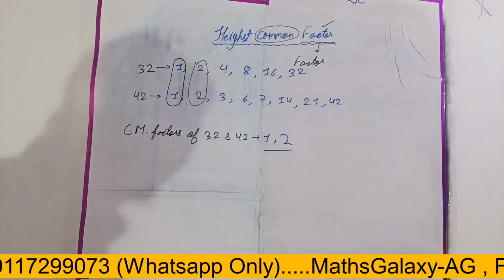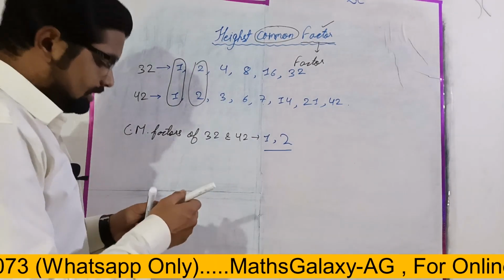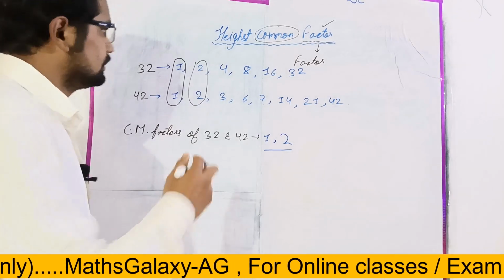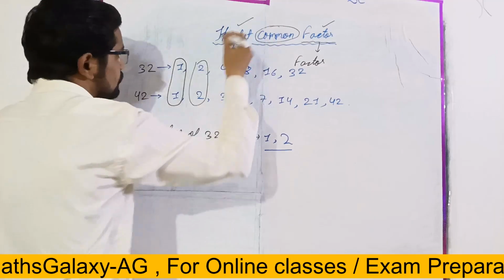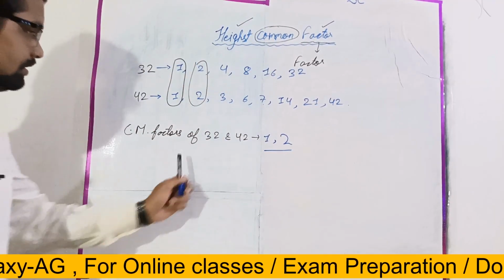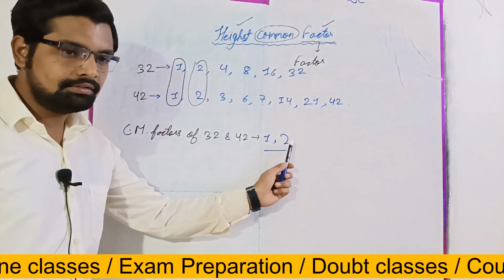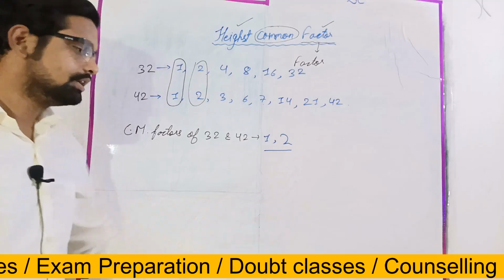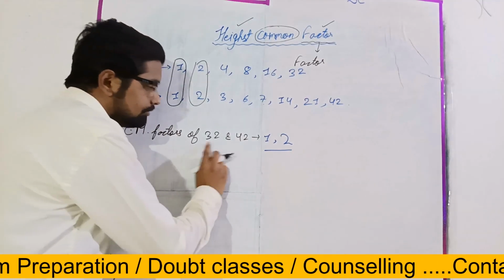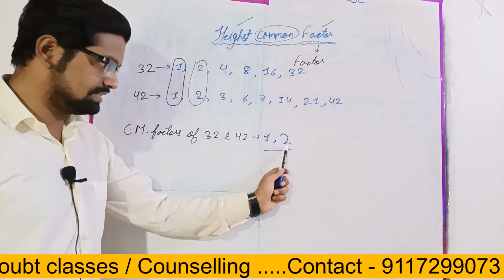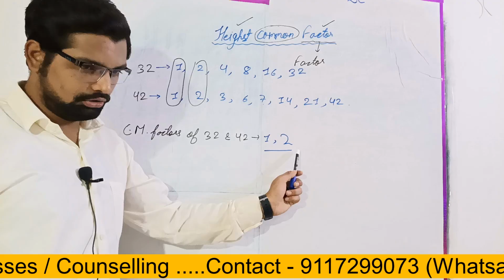Is it clear? Now let's see the third word. The third word is highest. It means we have to check the number which is highest in the common factors of 32 and 42. Okay, so can you tell me which number is the highest number? 1 or 2? 2.